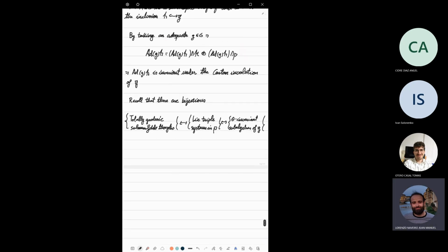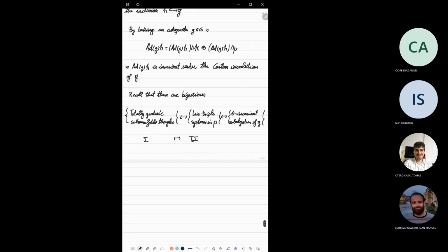So for example, say that you start with a totally geodesic submanifold sigma, then the corresponding Lie triple system is the tangent space of sigma at the origin. Conversely, if you have a Lie triple system, say that it's called V, then from p one can construct a totally geodesic submanifold by using the Riemannian exponential map.